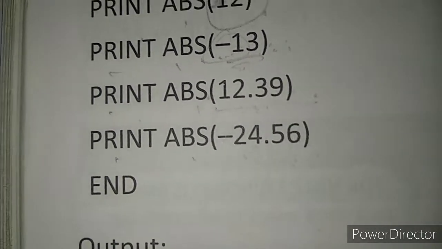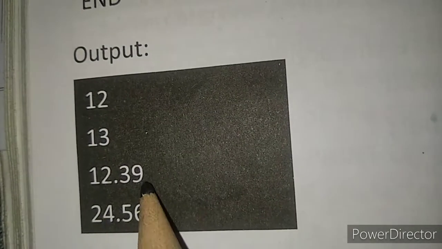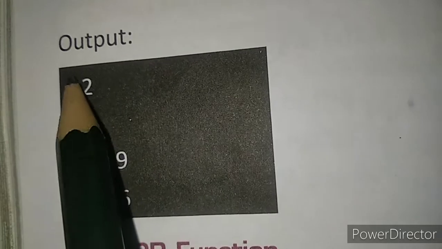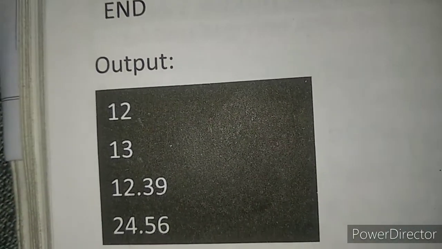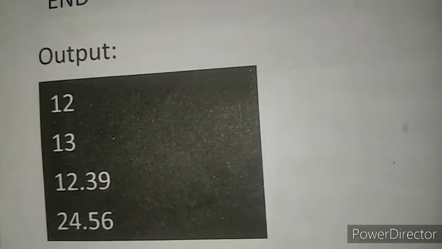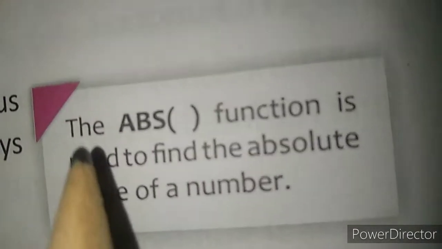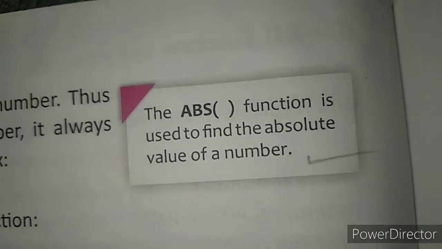So let us see what is the output of this program. Here you can see 12, 13, 12.39 and 24.56. It means all the negative signs have been removed. So this absolute function is used to find the absolute value irrespective of the sign.